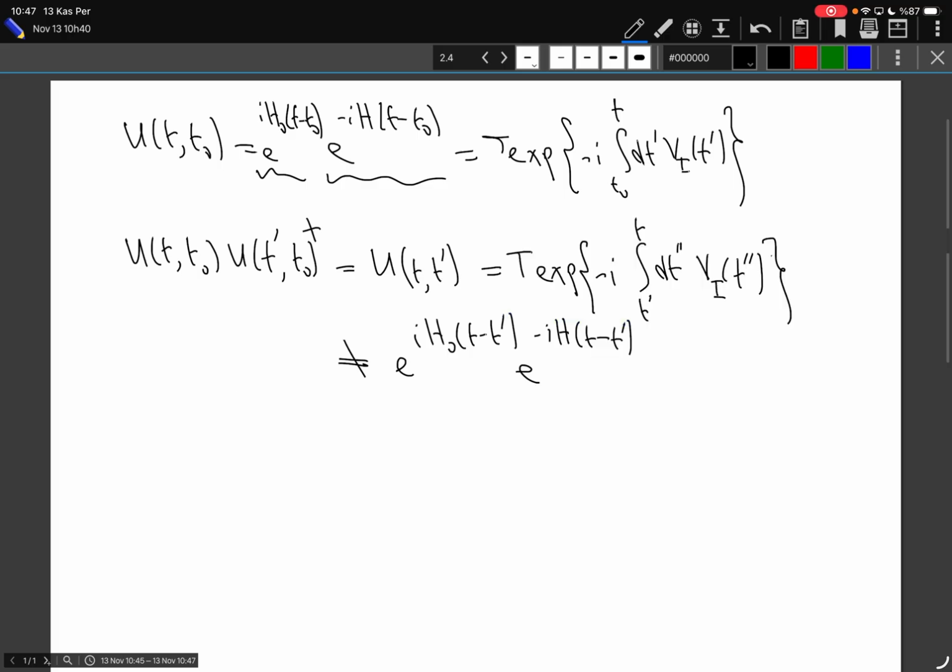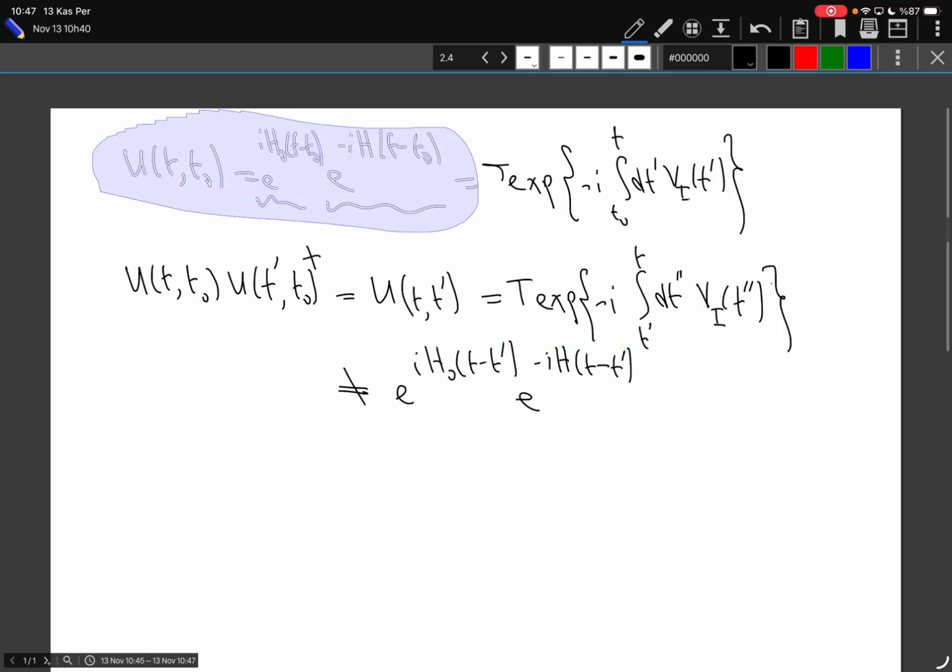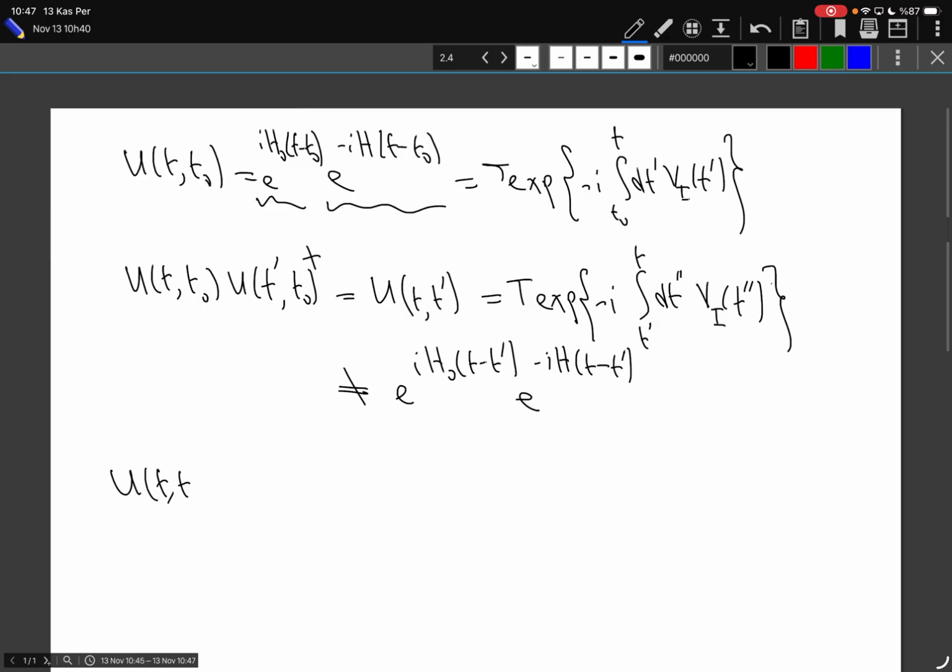So this definition of U is valid only if the second argument is t0, our reference time. I can still generalize it. I can take this U(t, t prime) for arbitrary t and t prime to be defined as this thing.